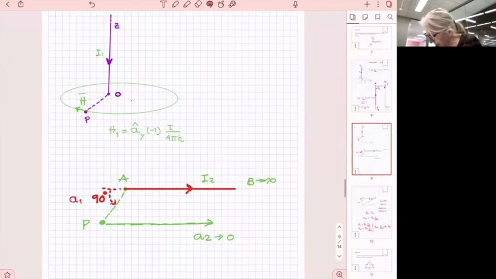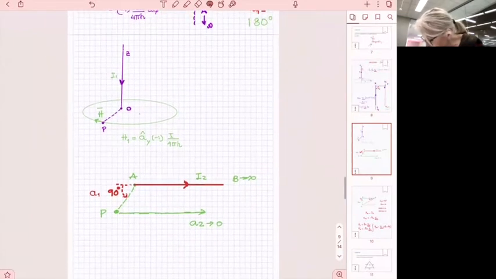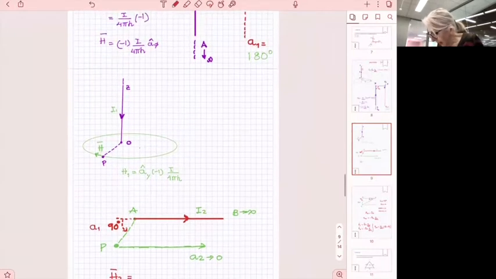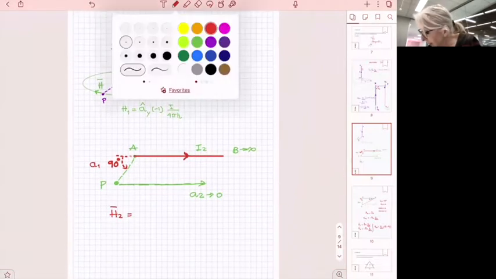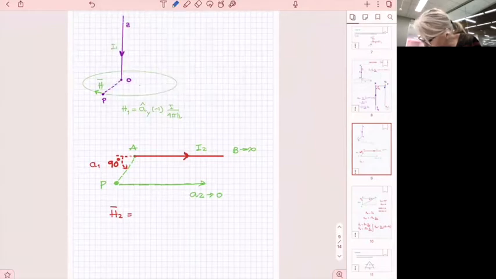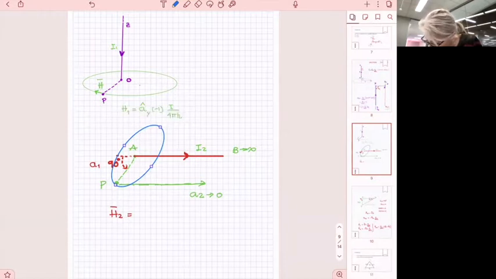In this particular case, what happens is that at point P, H2 will be, since the current, if you use the right hand rule, and if I were to find a loop for this one, the loop will be like this, and the phi direction for H, for that direction of the current, would be this one.